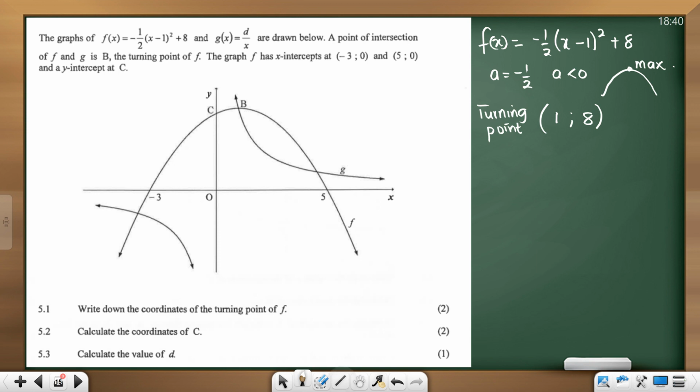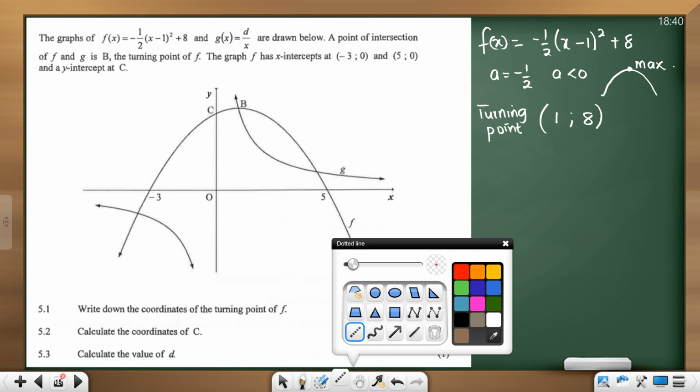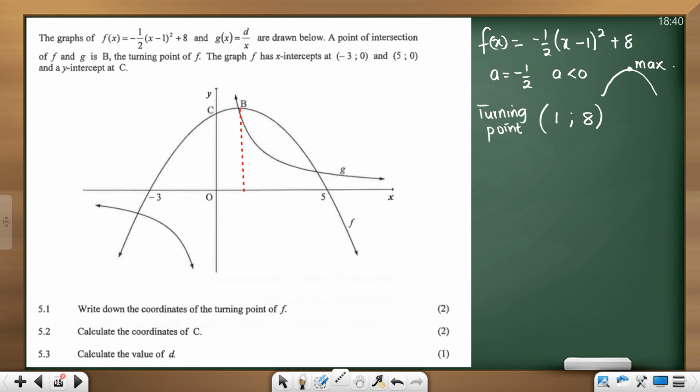Look at your turning point. Oh, we are actually done with 5.1. Write down the coordinate of the turning point. We are done, by just interpreting.